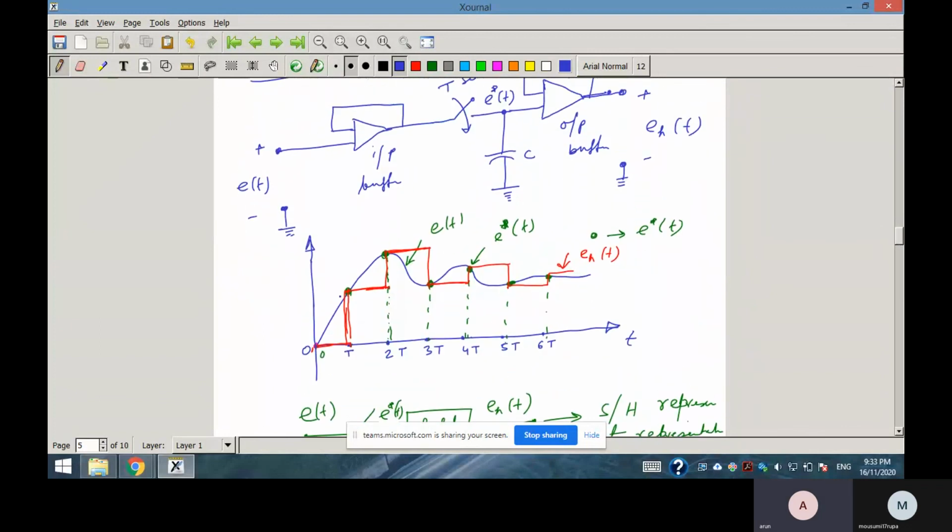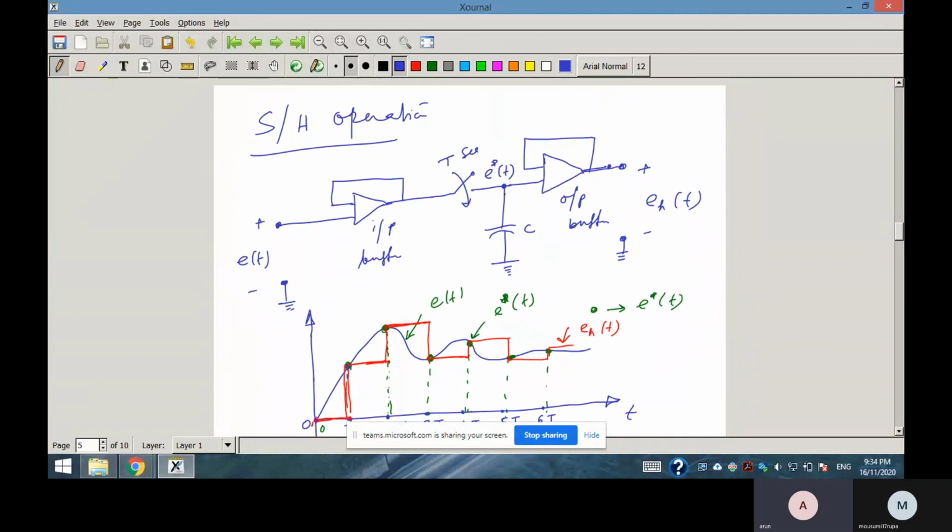Instantly it will charge, because here the resistance is 0, the impedance will be 0, the RC time constant is 0, so that's why it will charge instantly, and then that capacitor charge will be equal to your hold circuit.